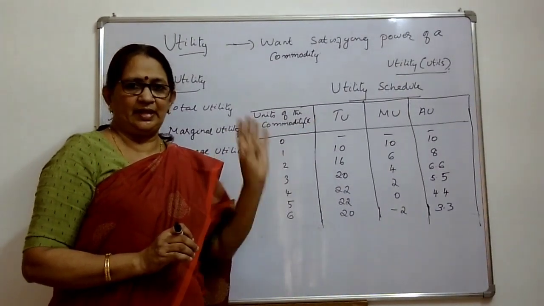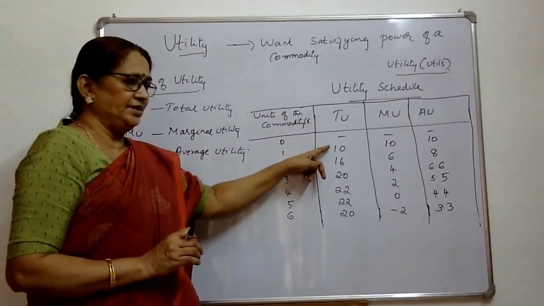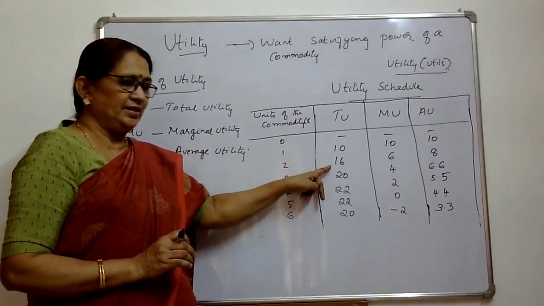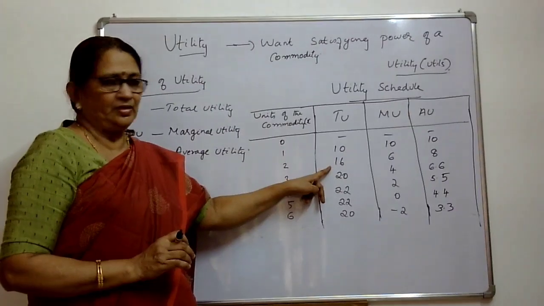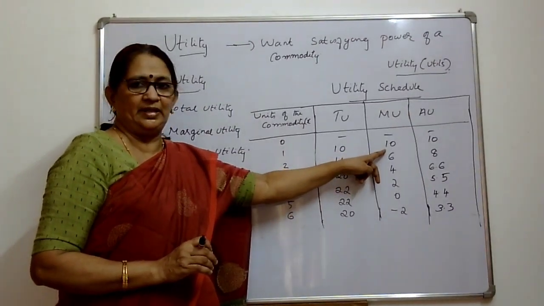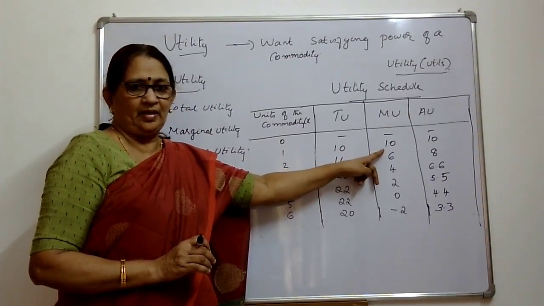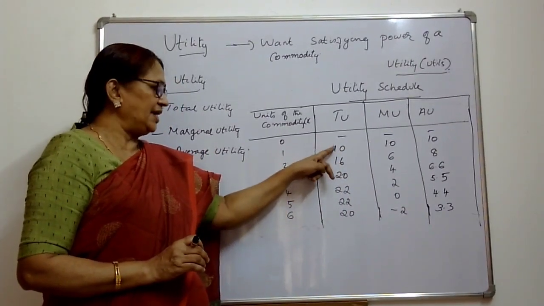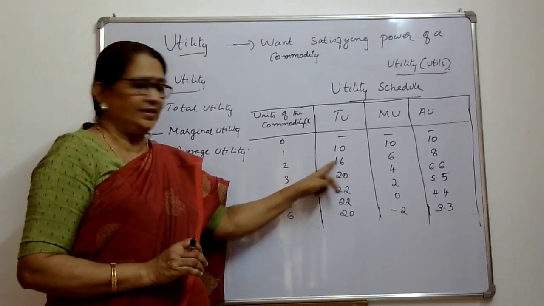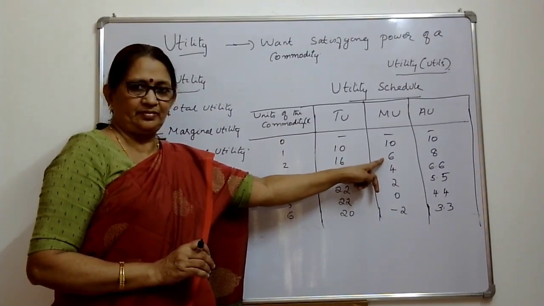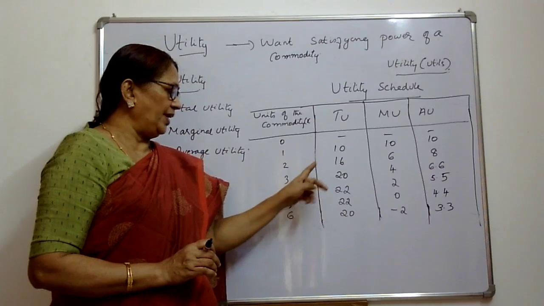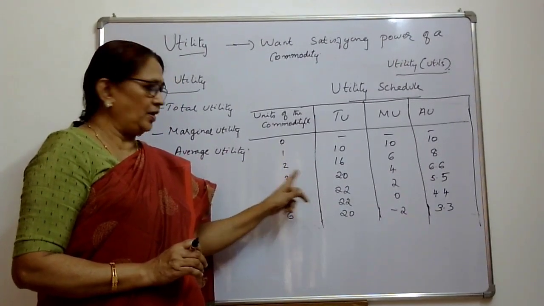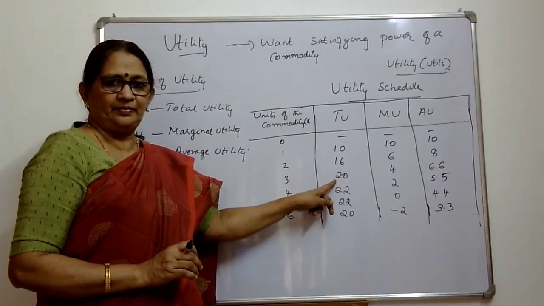Okay, here you can see total utility. First unit 10, second unit 16. So from the first unit marginal utility is 10. But when the consumer consumes the second unit, what is the extra utility gained? 6. Likewise, third unit consumption, the total utility is 20.